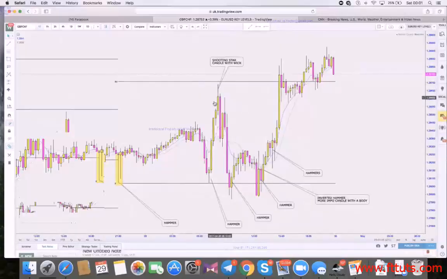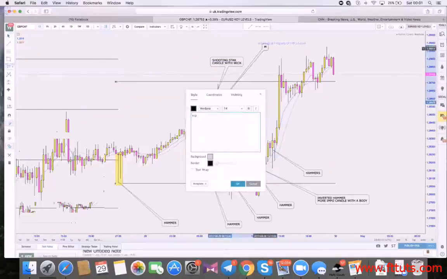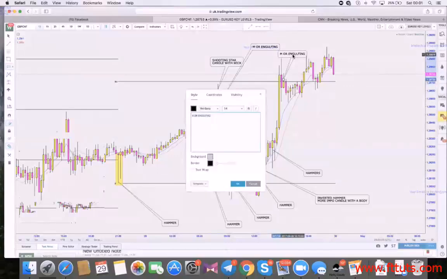And then you've got an engulfing candlestick. Then again, guys, see this. Shooting star.